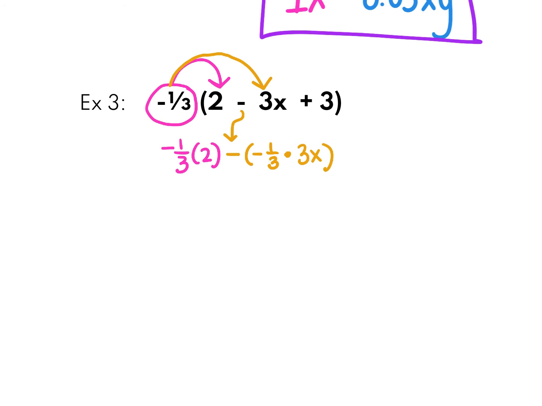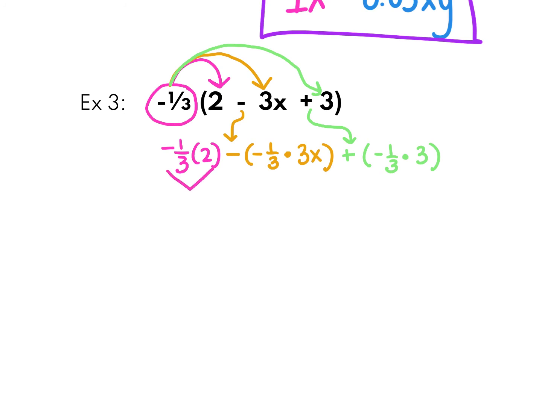So far, so good? Okay, now I am going to bring down this plus sign and I'm going to take this negative 1/3 and multiply it by 3. So this is negative 1/3 times 3. So far, so good? Here we go. Cleaning it up.